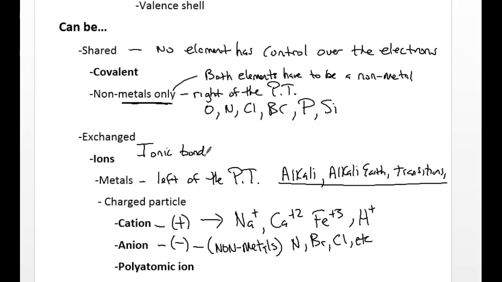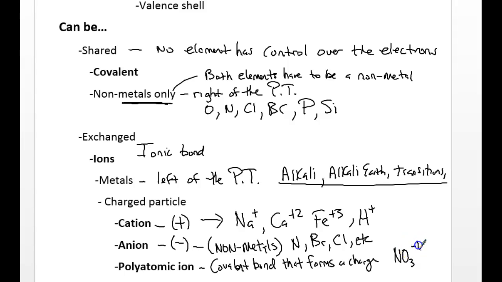And then we have something called a polyatomic ion, and this is a covalent bond that forms a charge. An example of this is NO3, nitrate.